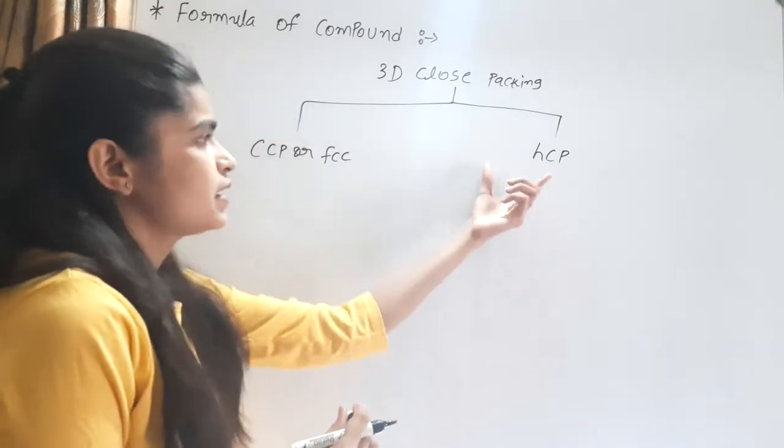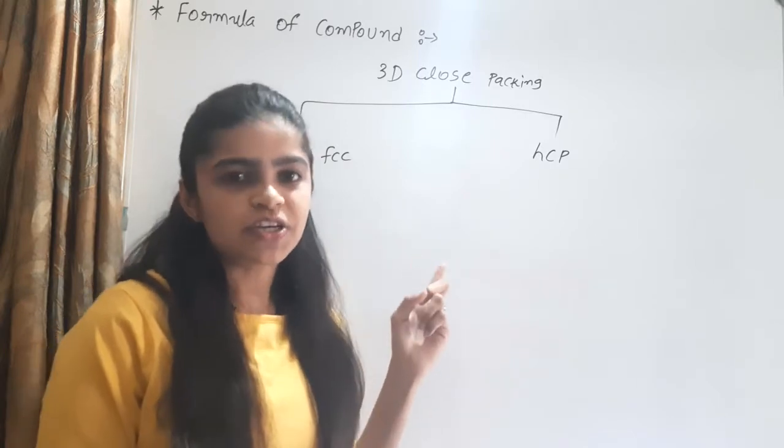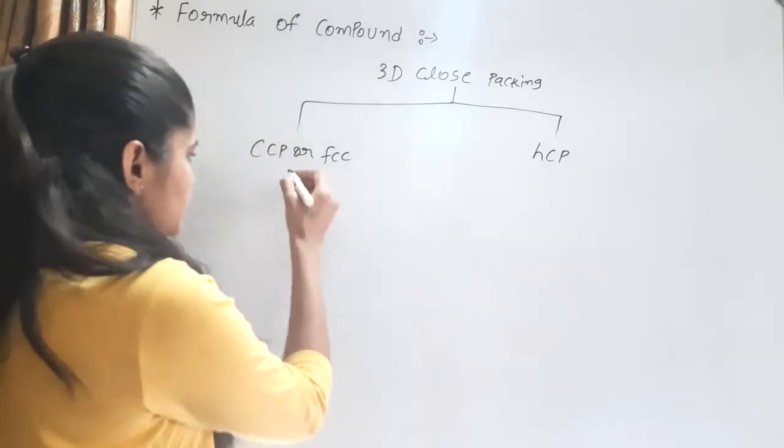This closed packing gives the voids. Voids are of two types, tetrahedral voids and octahedral voids.